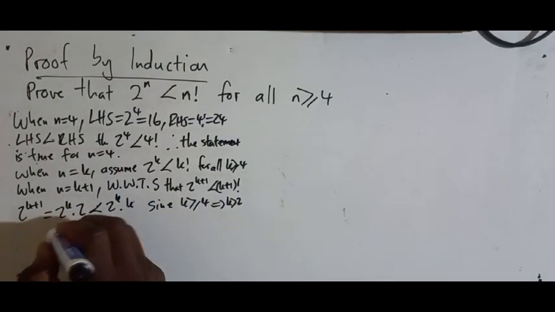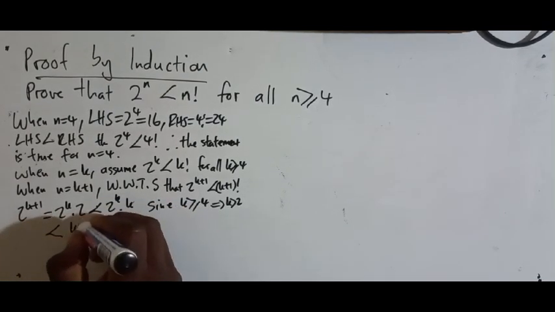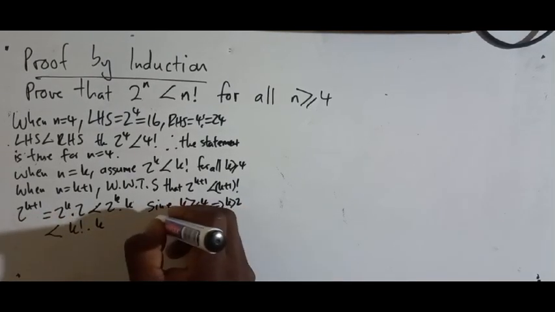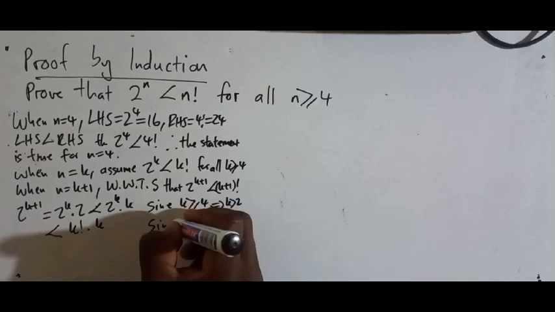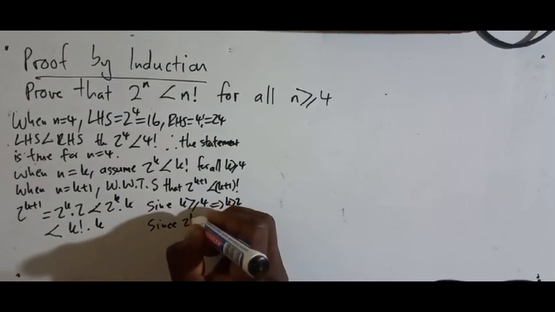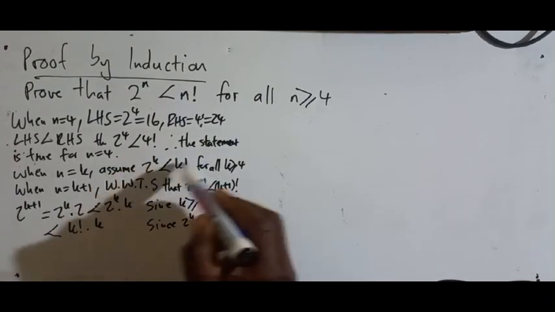Again, this is less than k factorial times k, since 2 to the power k is less than k factorial. This is by the inductive assumption.